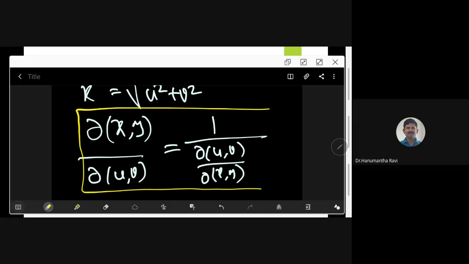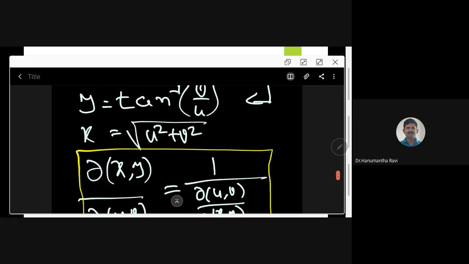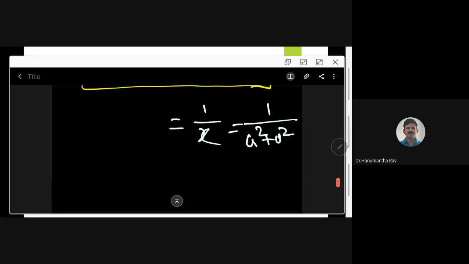One important property here is there in this slide also. From here you can calculate what is dou x dou u, dou x dou v, dou y dou u, dou y dou v. You can calculate that, and the answer you will get is 1 by square root of u square plus v square.